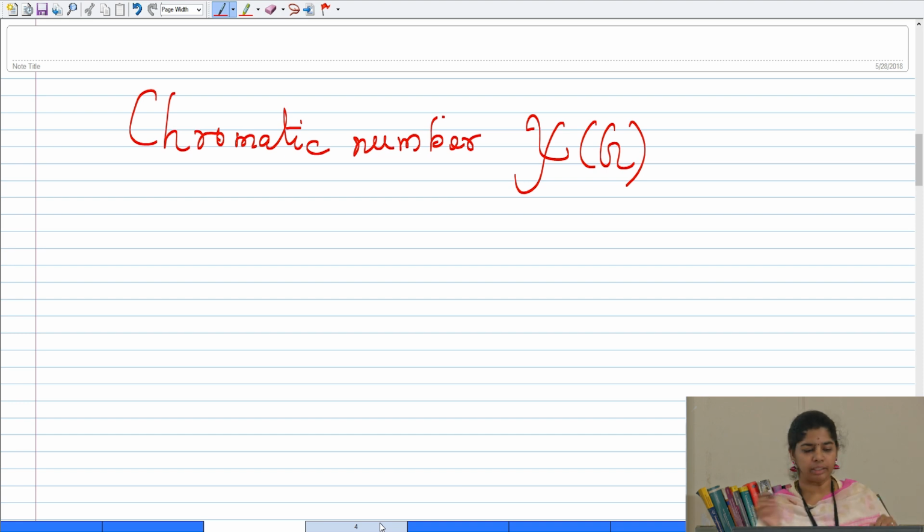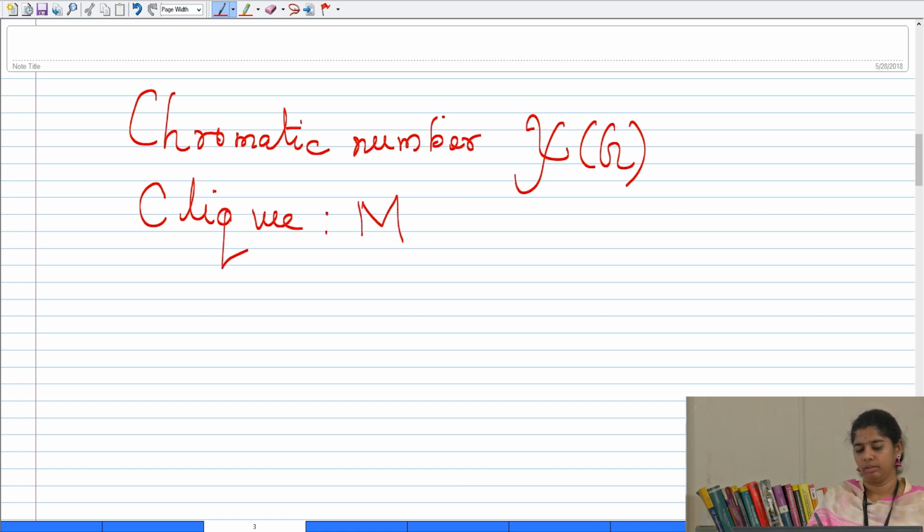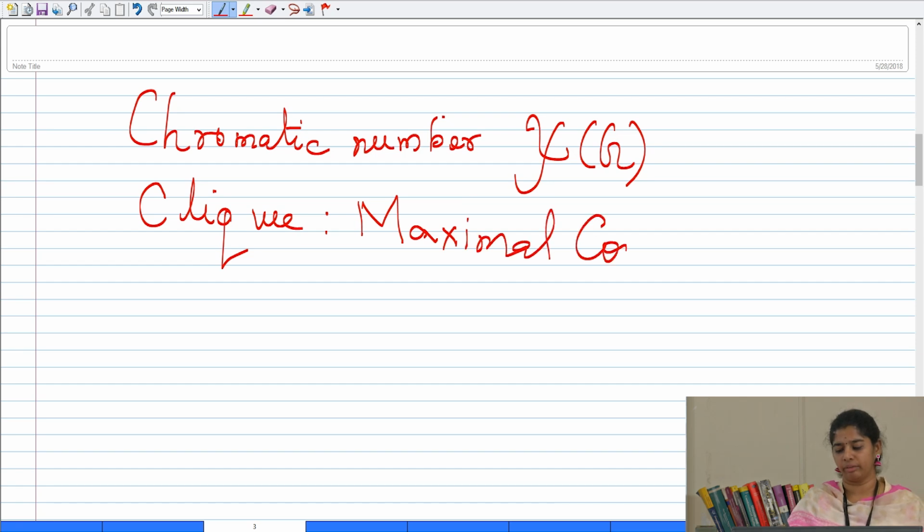A clique is nothing but a maximal complete subgraph.